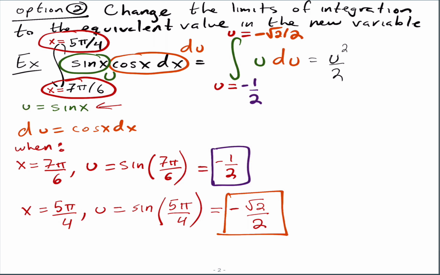And then I'm just going to evaluate from minus 1/2 to minus root 2 over 2. So what do we get if we do that? That would be root 2 over 2 squared. What is that? A half. Yep.